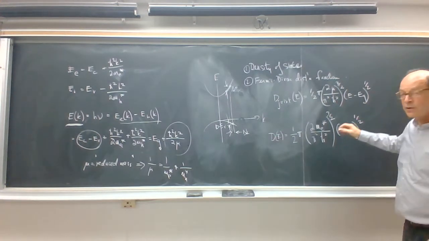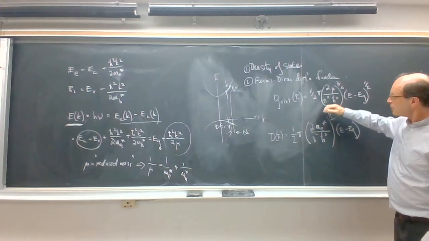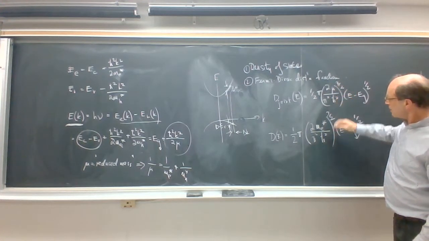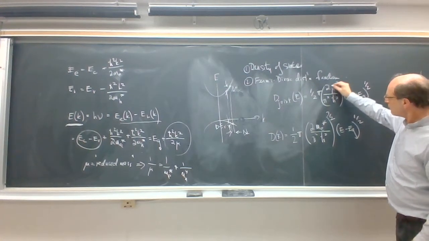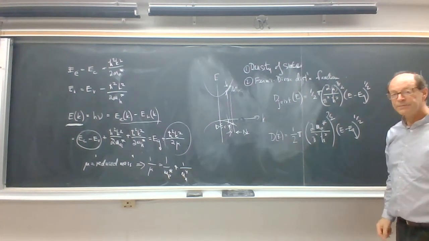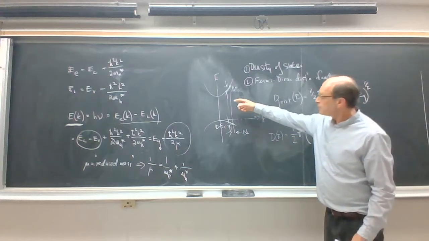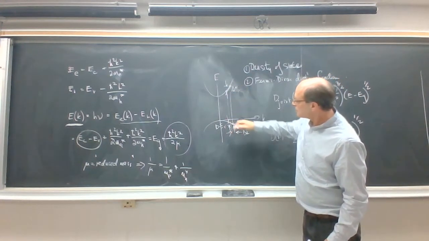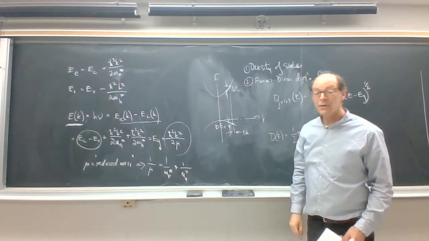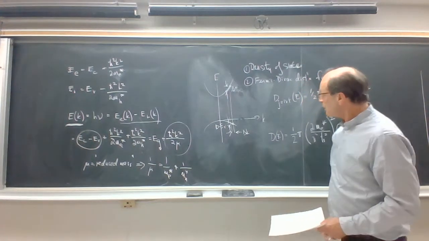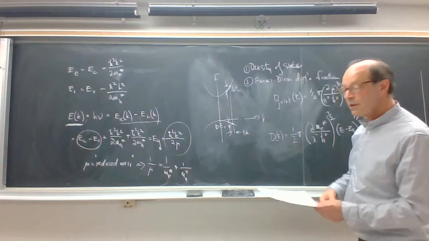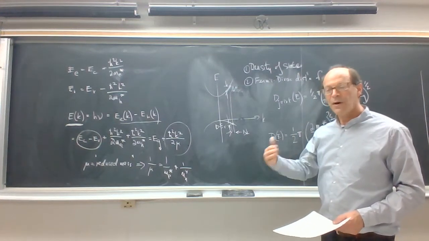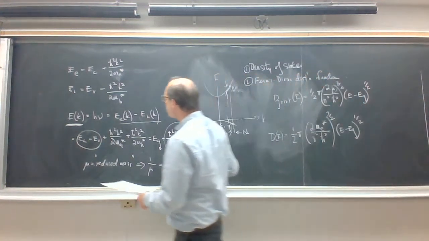So if you compare this joint density of states, it's really the same as the original density of states, except we've used mu in place of me to account for both the density of states in the conduction band and in the valence band at the same time. So that joint density of states now needs to be combined with the probability of occupancy of the states.